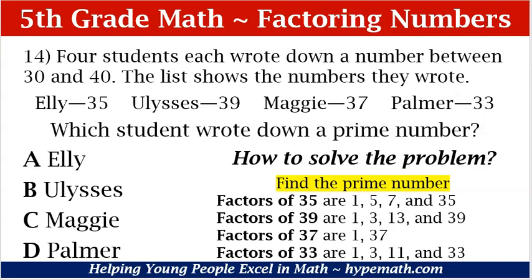So looking at the factors, which one is the prime number? After that, we're going to look to see who wrote down that number. Once we find out who wrote down that number, we are going to look at the answer choices to find out what letter is that answer choice.